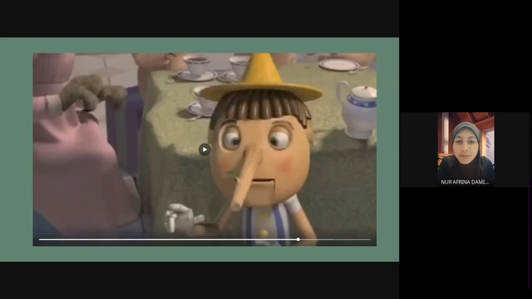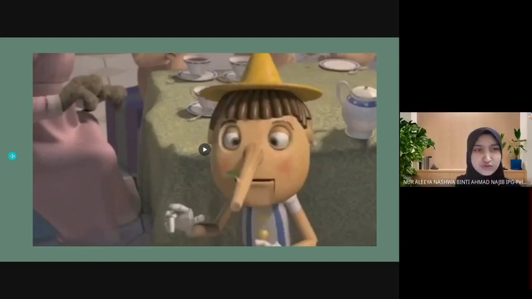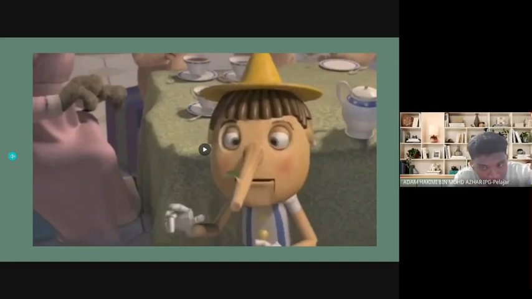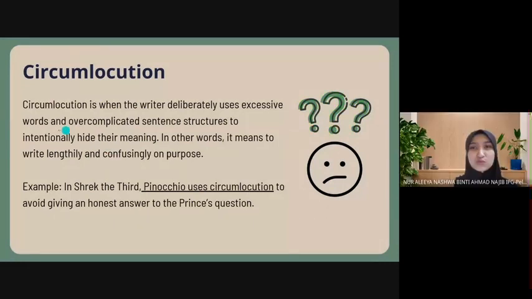Basically, you are trying to avoid being honest. It's like hiding your true intention by using big words, intentionally hiding their meaning, using excessive words and overcomplicated sentence structure.